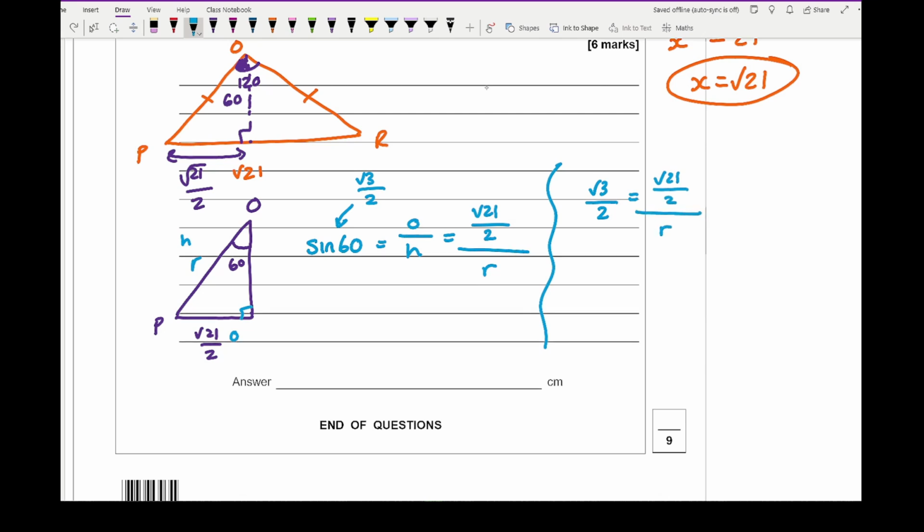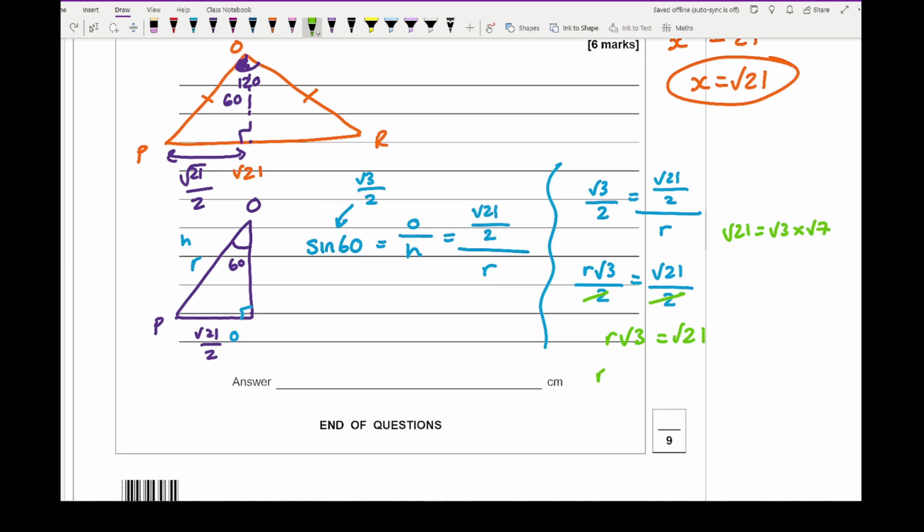Now if I take the R over to the other side, I end up with R root 3 over 2 equals root 21 over 2. Now from this, what we can then see is that the 2s cancel out. So R root 3 equals root 21. Root 21 can be written as root 3 times root 7.